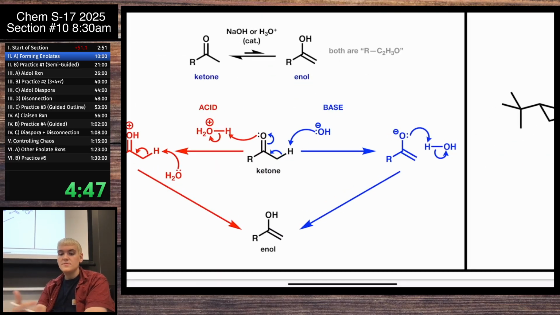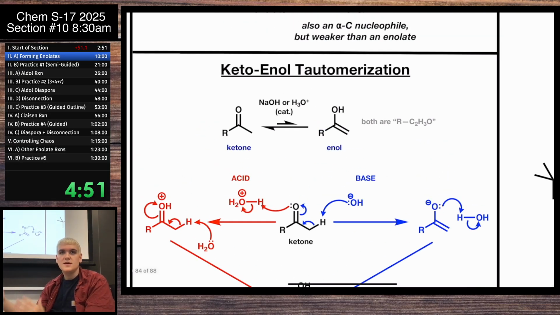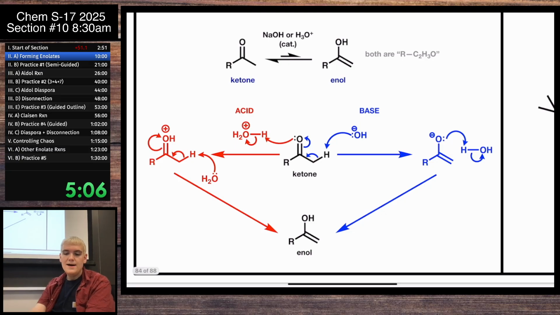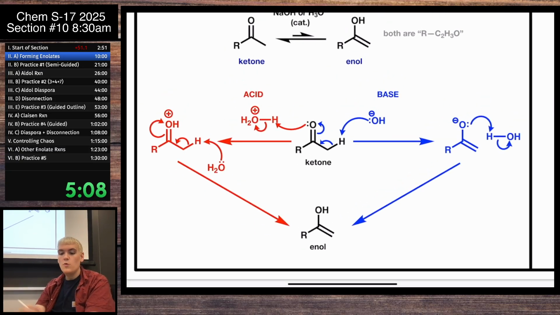Enols are tautomers of ketones, which just means equal. They have the same molecular formula here, RC2H3O, but the atoms are arranged in different ways. Another way of thinking about tautomers is they're a special kind of structural isomer. So in base or acid, we can tautomerize our ketone to an enol.